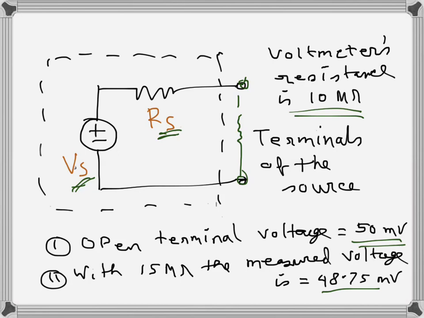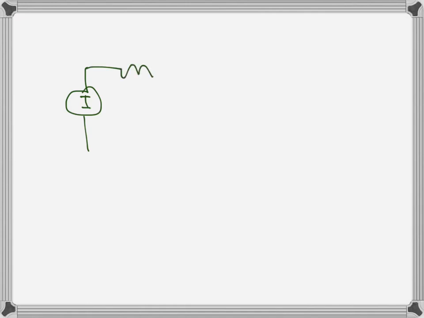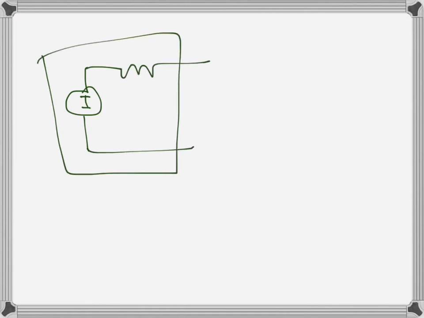When the voltmeter is used to measure the voltage, it is connected like this across the terminals. If I draw it here again, that is our source, and this is the resistance Vs, Rs, and this is the terminal. Since this is not an ideal voltmeter, it has an internal resistance of 10 mega ohms.